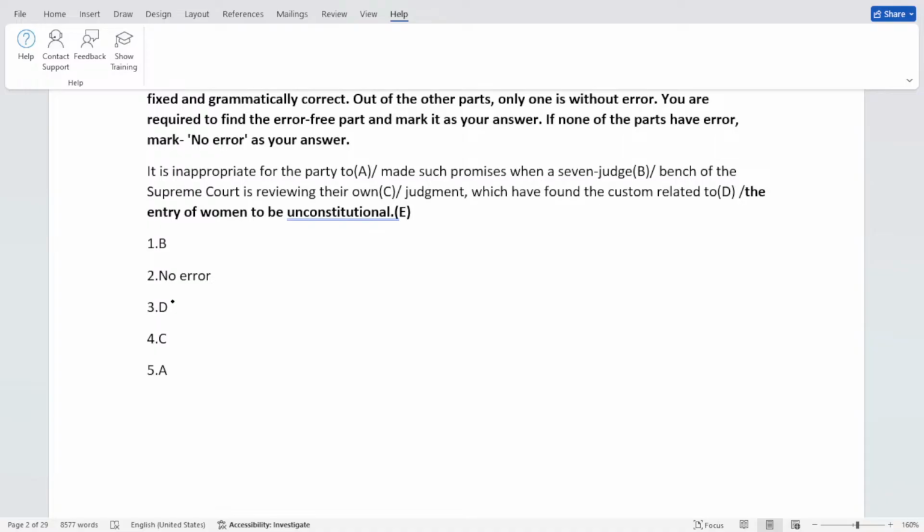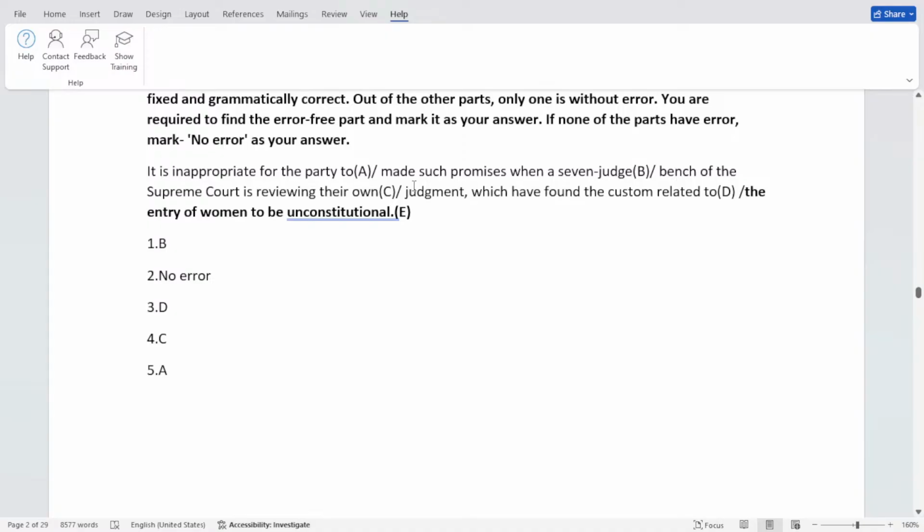Here, the word inappropriate is given, so this is not suitable. It is supposed to be changed. Here, made is given, and it's supposed to be changed into the made.